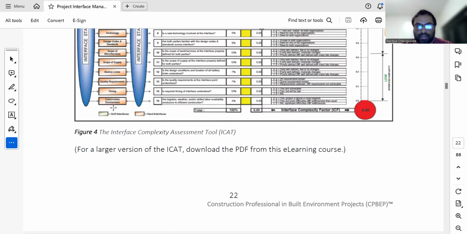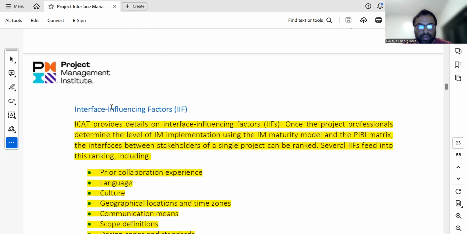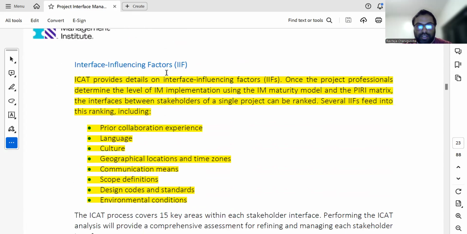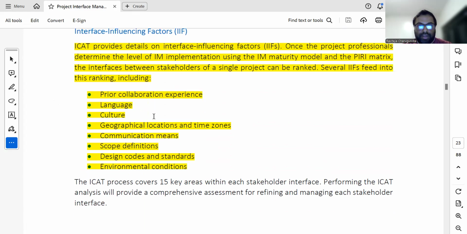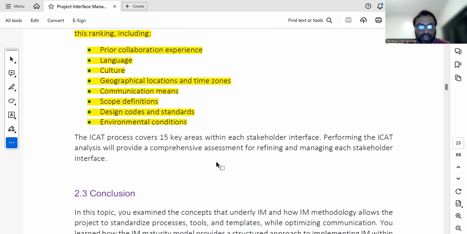So this is all about the ICAT matrix and the interface influencing factors. ICAT provides the details on interface influencing factors once the project professional determines the level of interface management. These include prior collaboration experience, language, culture, geographical locations and time zone, communication means, scope definition, design codes and standards, and environmental conditions.